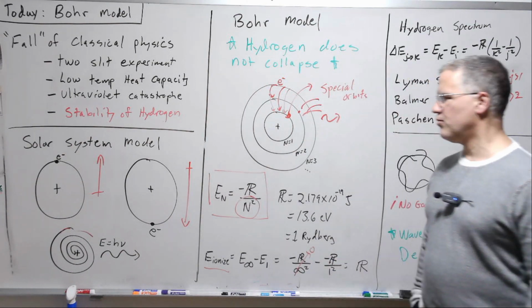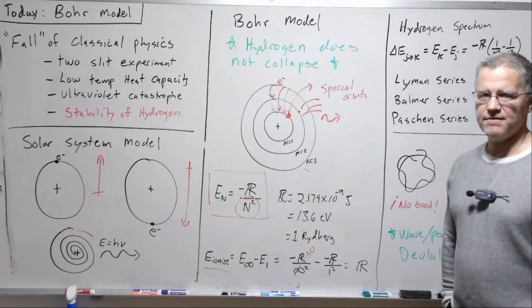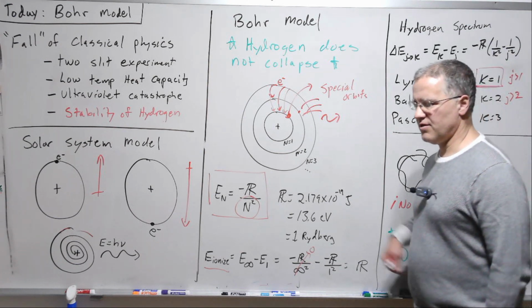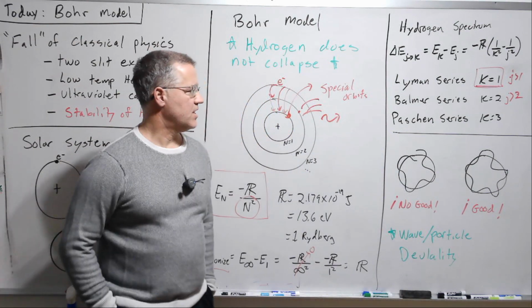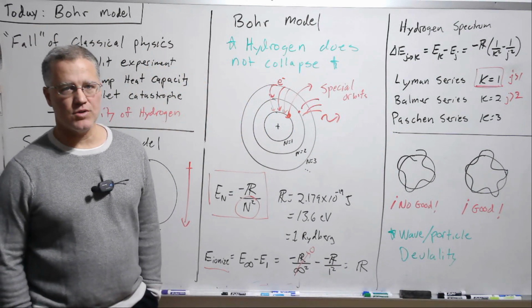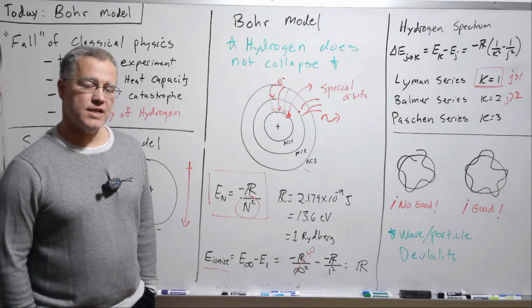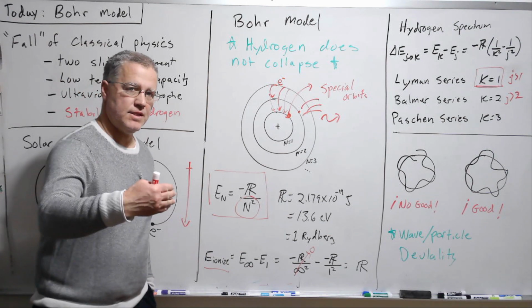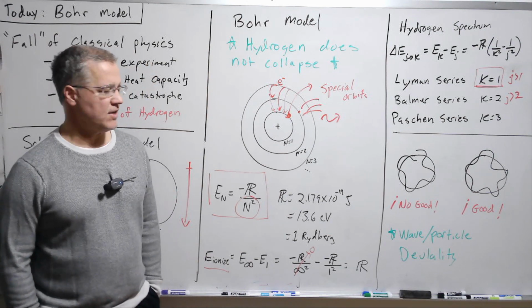And likewise, if you put it in a very strong magnetic field. So there are these so-called fine structure and hyperfine structure splittings of these energies that you don't get with the Bohr model. So we know it's a step in the right direction, but it can't be right because we're still not getting everything right for hydrogen.